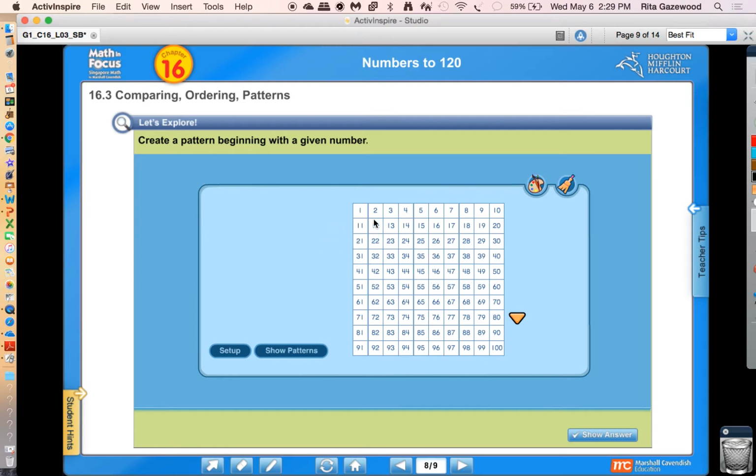So I'm going to pick a number to start with. Oh, here's 22. So remember, we're going to tap on the 6. So we say 1. I want you to notice this. I'm not counting the number that I'm starting on. I count my jumps. 1, 2, 3, 4, 5, 6. Tap.